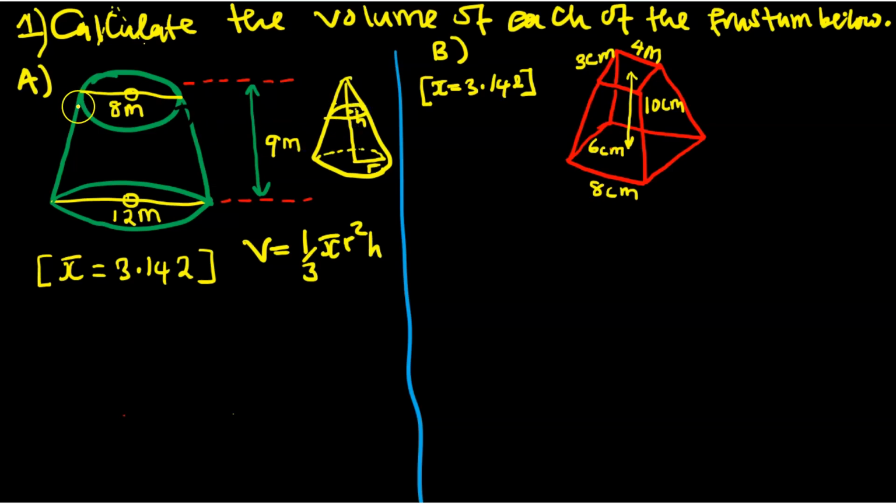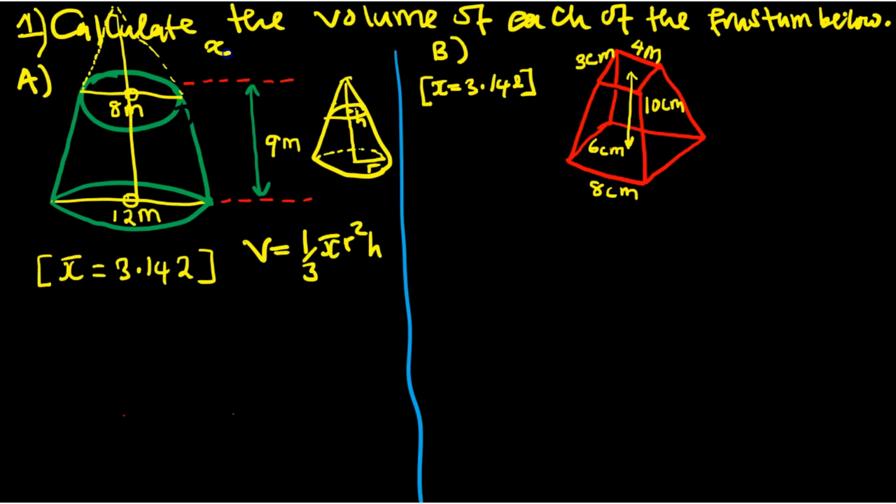In order for you to start the calculations, picture the whole shape before it was cut. This shape before it was cut had a height from down here up to the top there. But what is remaining is just 9. So for you to find this whole height, there's an extension here.